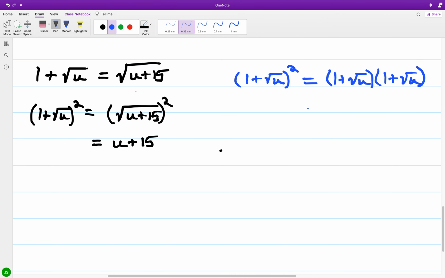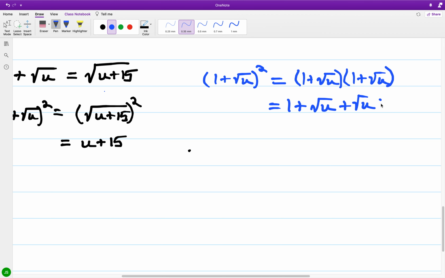If I FOIL it out, the first product is 1. The outside product is the square root of u. The inside product is also the square root of u. For the last product, we have the square root of u squared. Combining, we have 1 square root of u plus 1 square root of u, which is 2 times the square root of u. And the square root of u squared is u.